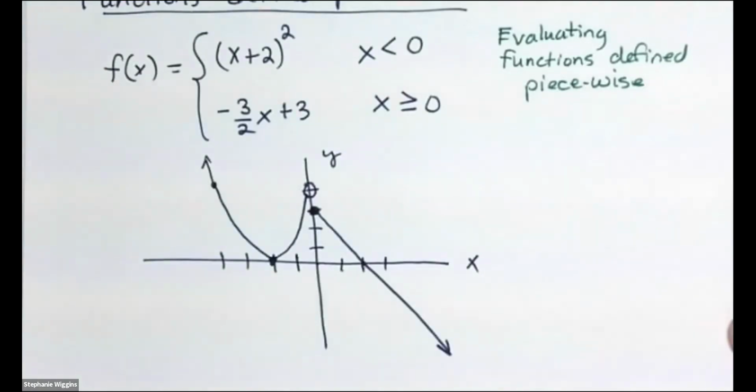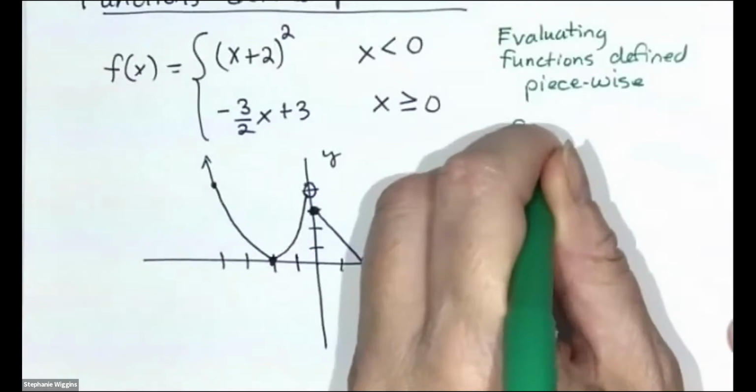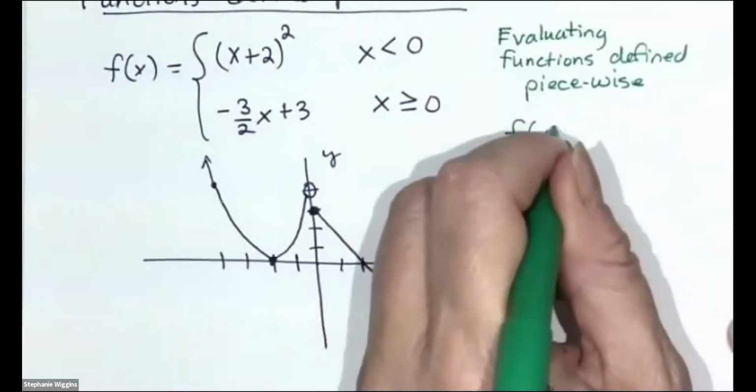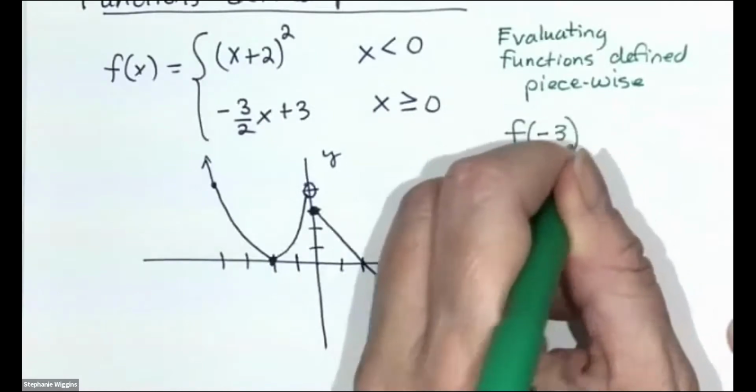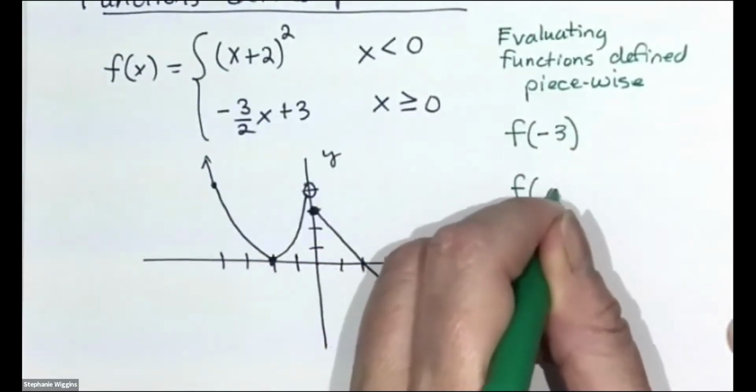So evaluating means you just find the y value that goes with a certain x value, that's paired with a certain x value. So, for example, let's find these values.